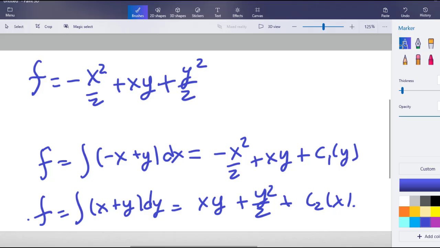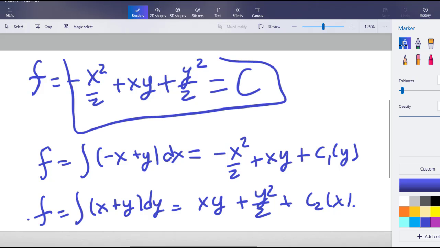Those are all of the terms down here equal to a constant. And this is the family of solutions. Notice that these solutions are all conic sections, but because they have this xy term, they are rotated conics.